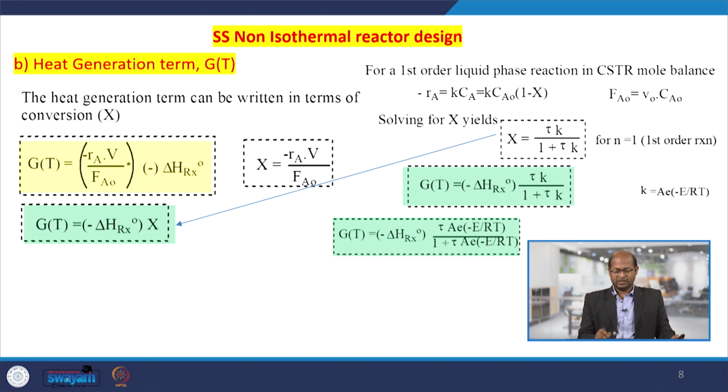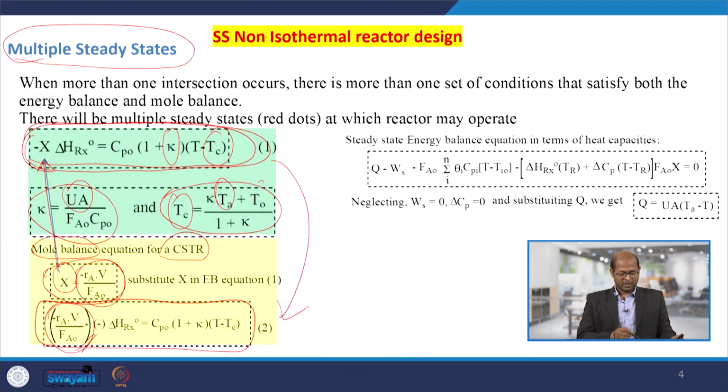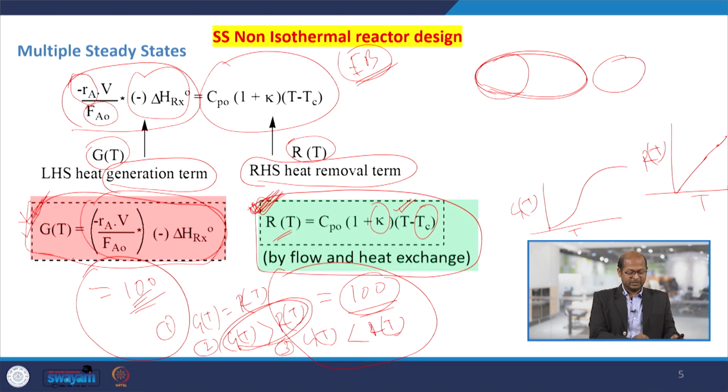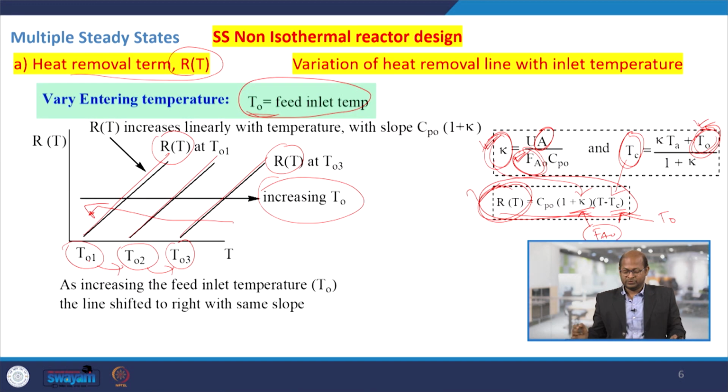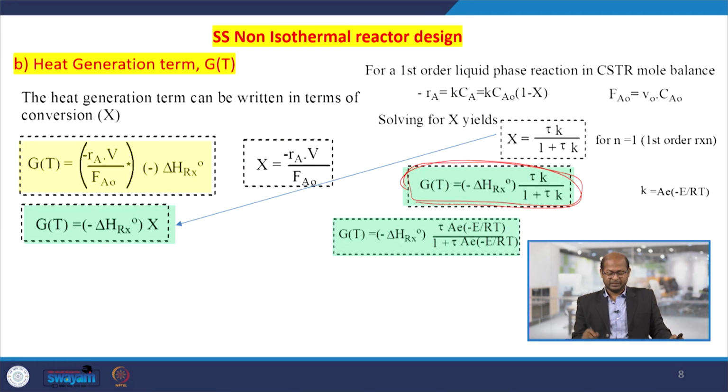Now, heat generation terms. So, this was the heat generation term or equation that we have discussed just now. We can write it as minus delta H R times x, the heat of reaction, where x is tau k by 1 plus tau k, okay.